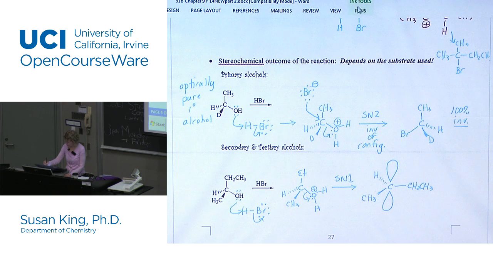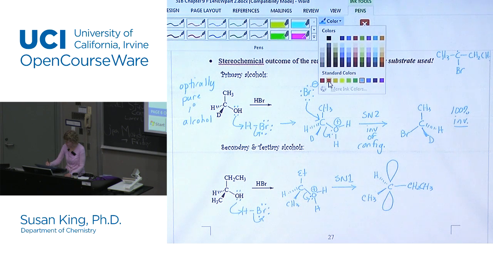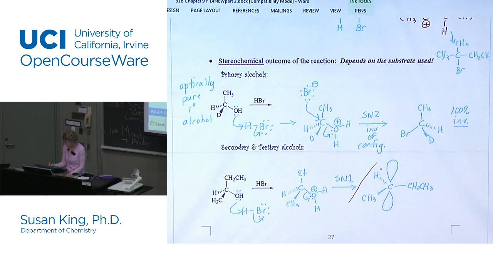All right, so these guys are all in the same plane. Not every single atom there, but all of these groups, this carbon, which is the carbocation, this carbon, that hydrogen, and this carbon are all in the same plane. So now think about the next step in this reaction and what kind of stereochemistry you'll get. We'll talk more about this on Friday.